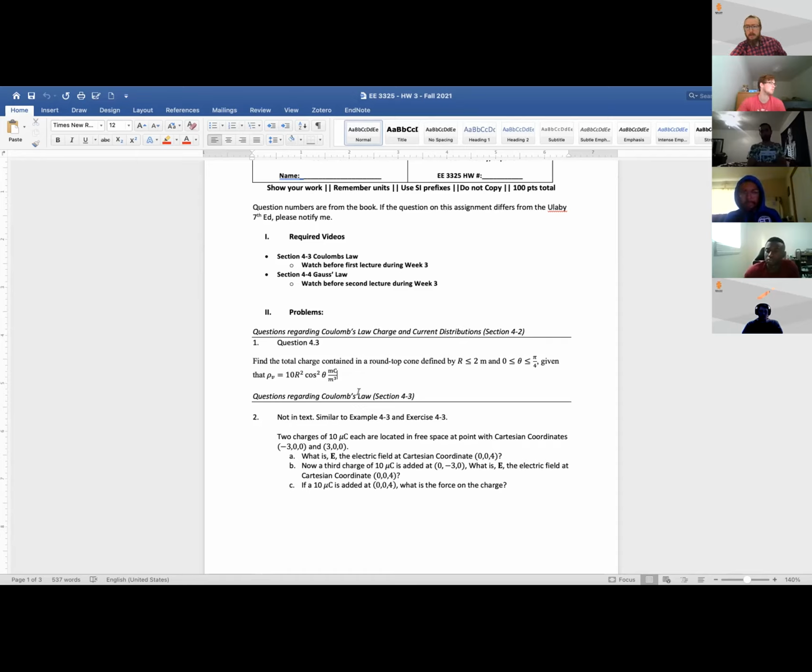How else can charges be arranged? Exactly. You can have charges arranged in a line, which we call line charges. You could have charges arranged on a surface, that'd be a sheet charge.